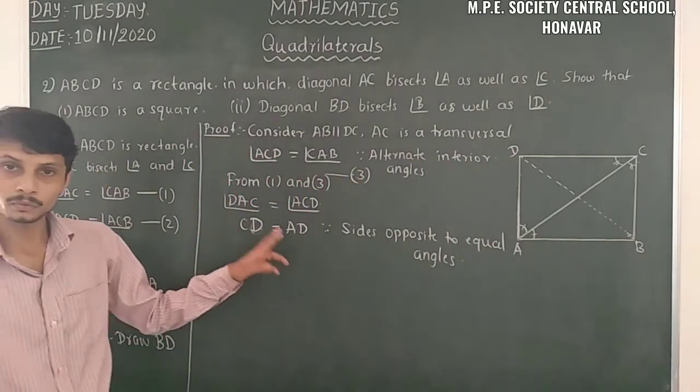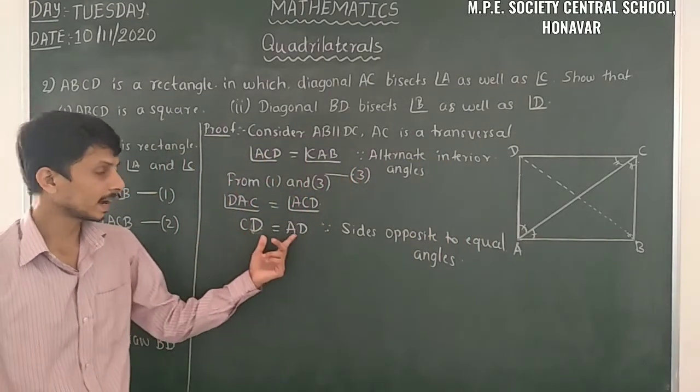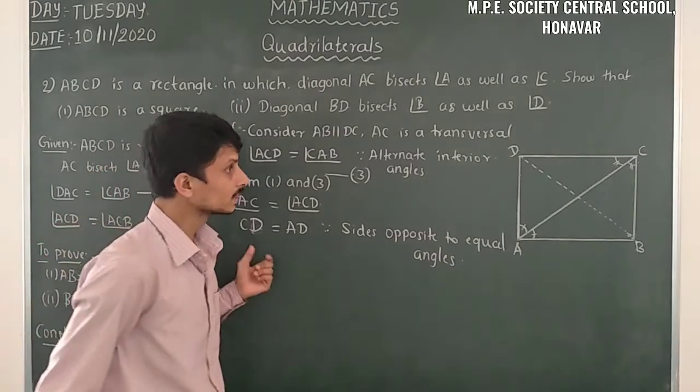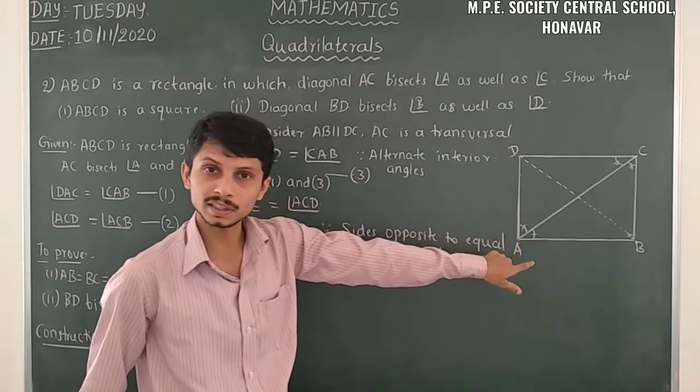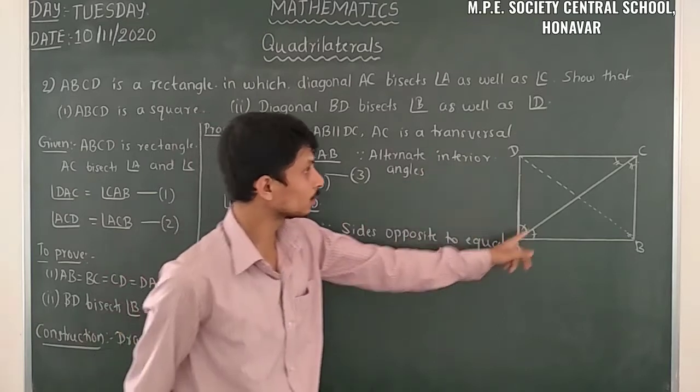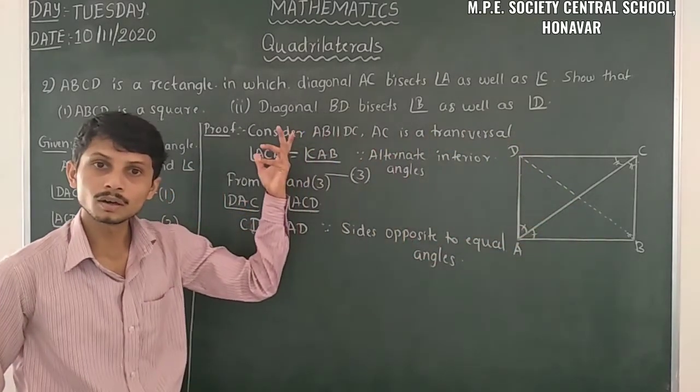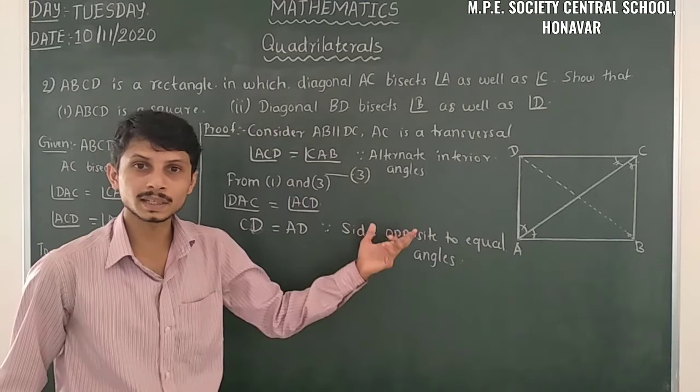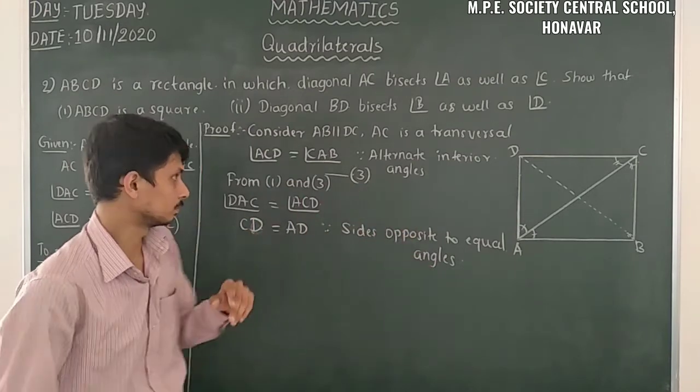So from this we have CD is equal to AD. We also have CD is equal to AB because they are opposite sides, and AD is equal to BC. Those two are opposite sides of a parallelogram.